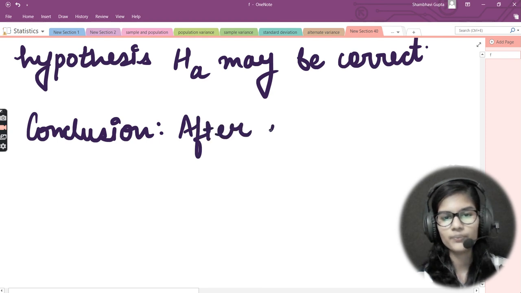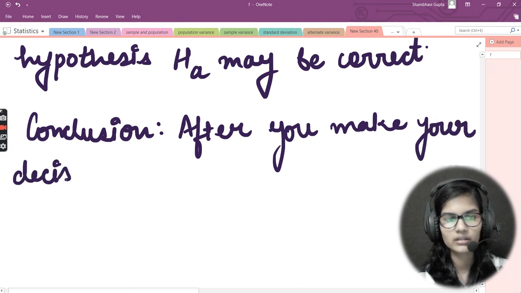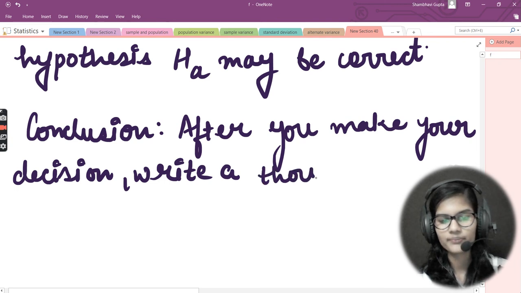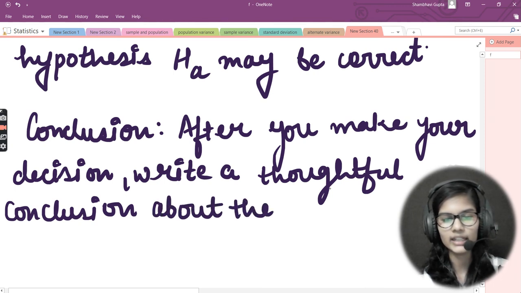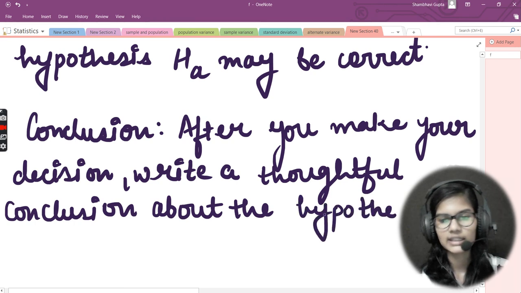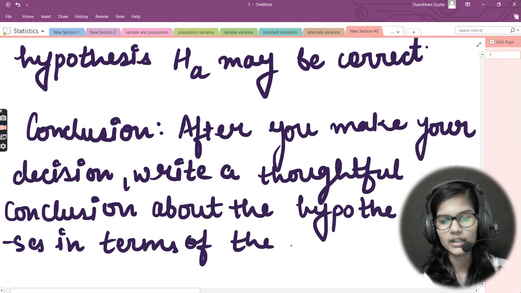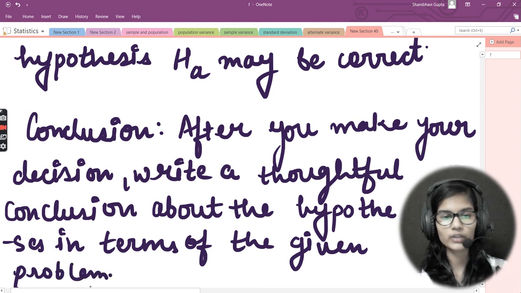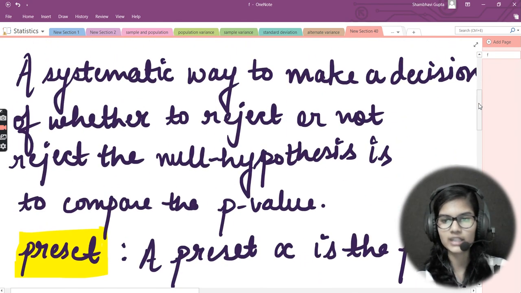The conclusion is: after you make your decision, write out a thoughtful conclusion about the hypothesis in terms of the given problem. This is the conclusion you can make. This is how you should write out the conclusion.